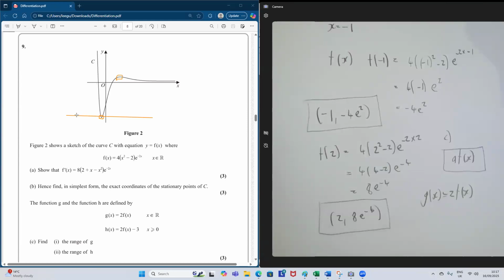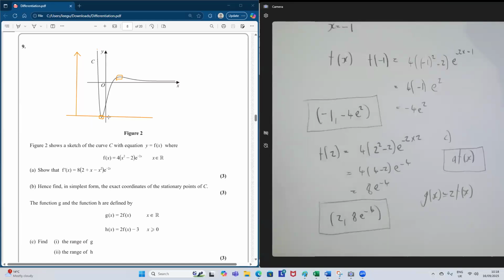So the range, in other words what's coming out of the function g of x, is going to be from this low point here and then all the way up to infinity, because that curve carries on up there like that.